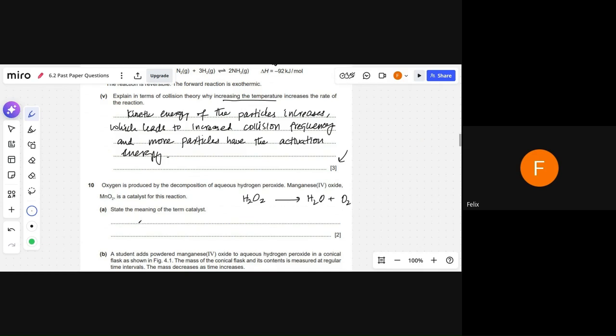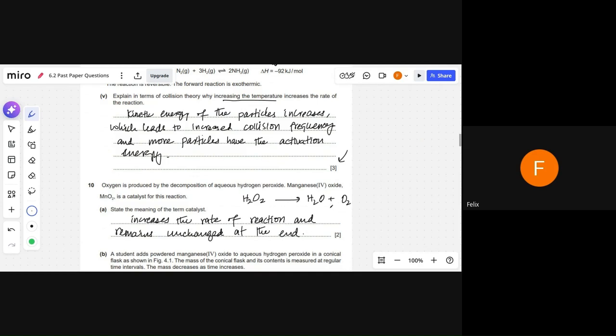So I'm going to write here that it increases the rate of reaction, right? And remains unchanged at the end of the reaction, right?